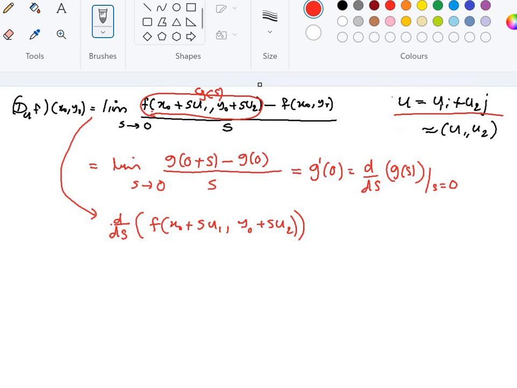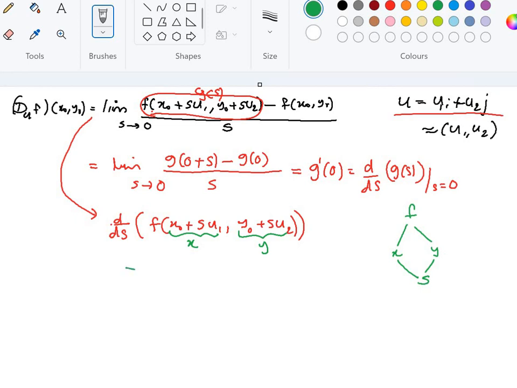Always remember that u must be a unit vector. Okay, I'm going to call this expression x naught plus s u1 as small x, and this expression as small y. Now what happens is, your function f is now a function of x and y, where this x is some function of a new variable s, and y is also a function of the variable s.